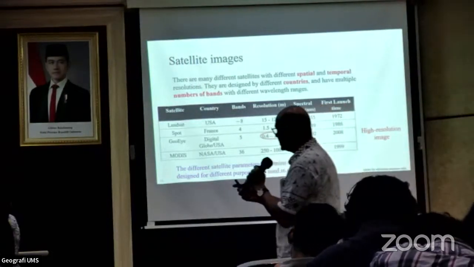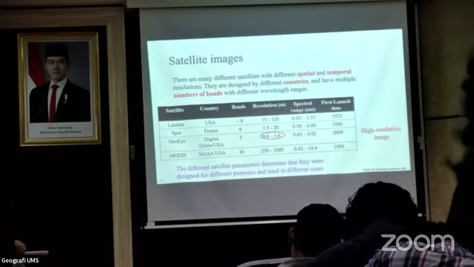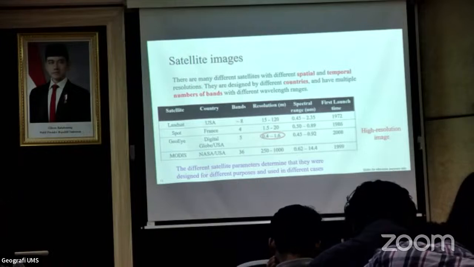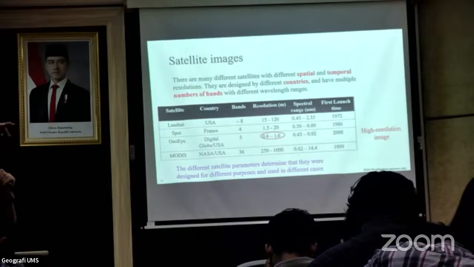And all satellite images, you have heard about Landsat, Spot, GeoEye, and other images. They're from the USA, France, Digital Globe, and from different companies. And they have bands. What are these bands? There are different layers of raster data set. That means they are grids, they are pixels. There are different layers of data sets.